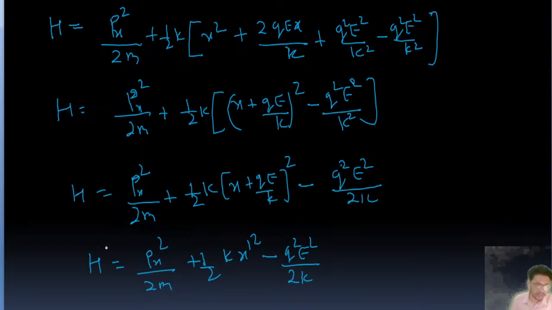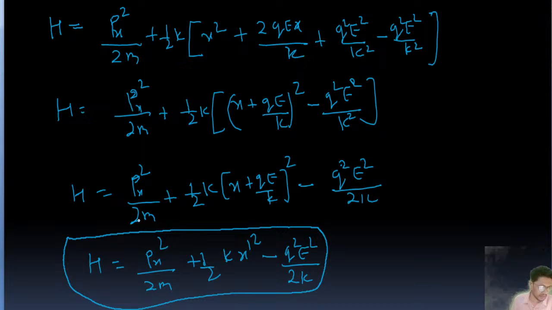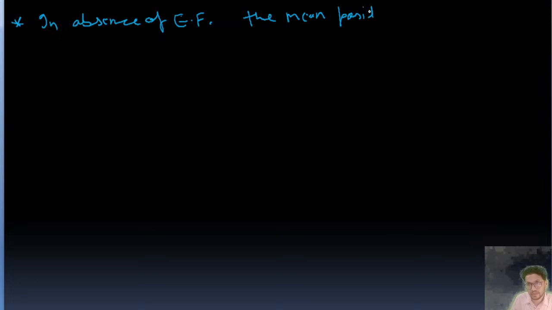Now this Hamiltonian tells us that in the absence of perturbation, that is the electric field, the mean position of the harmonic oscillator was at the origin.